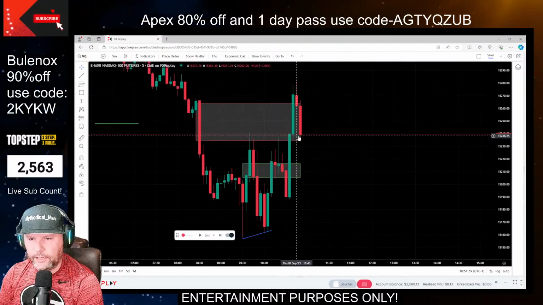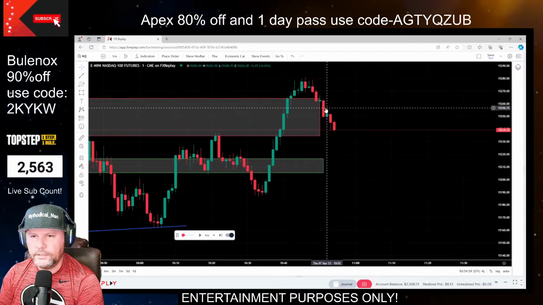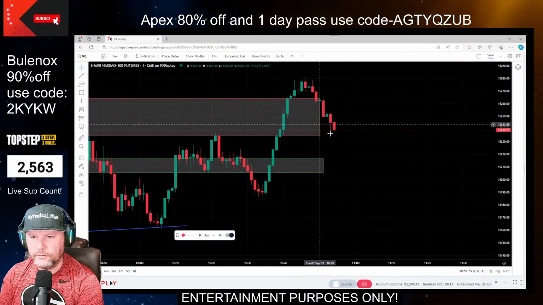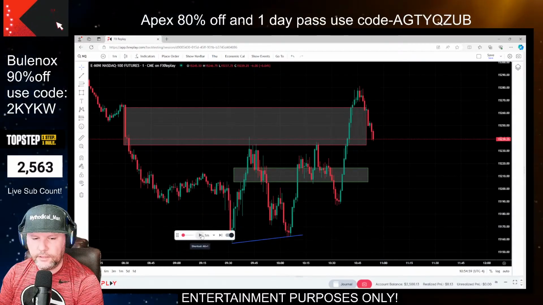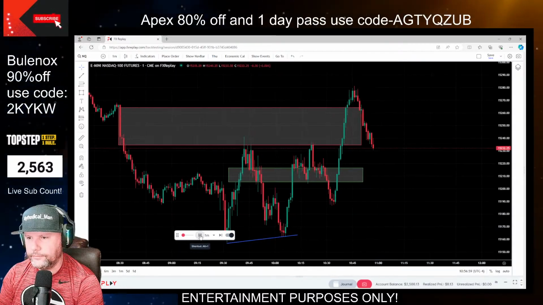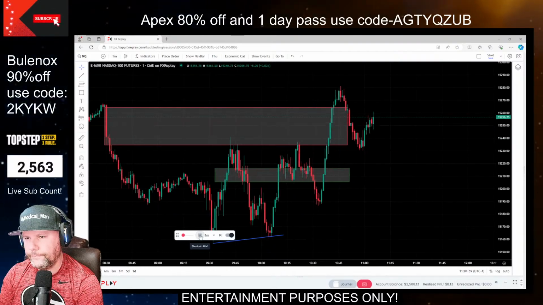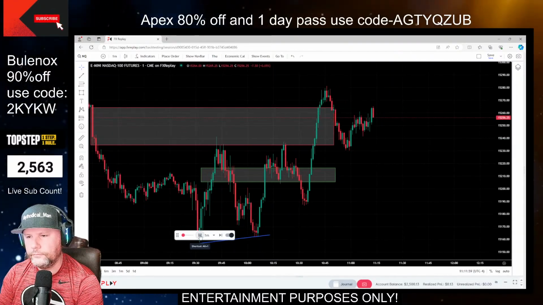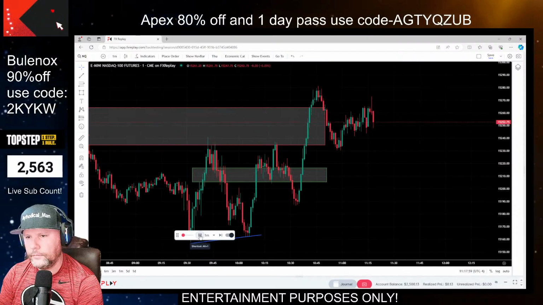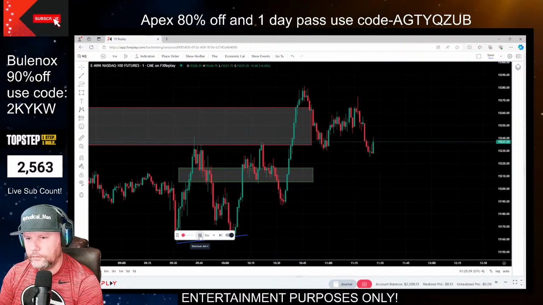Yeah, I don't like any of this. I'm not going to take it. If I were going to take it, I would have to take the 1 minute. I don't like that it closed above and now it's kind of pulling back. So even though it is holding a 15, it kind of feels like it's probably still bullish. Chopping around, chopping around.